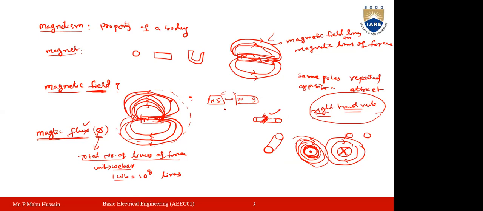That means there is a force of attraction between these two magnets. Now if we keep the same poles together, there will be a repulsive force between those magnets. I think all these concepts you already know from your lower classes. I just recalled them. If you have any doubts, you ask me.